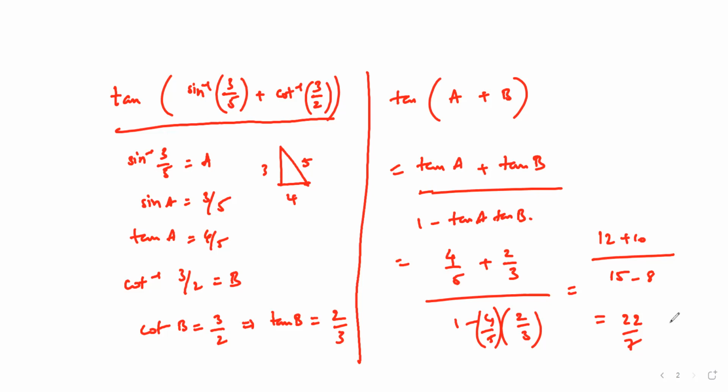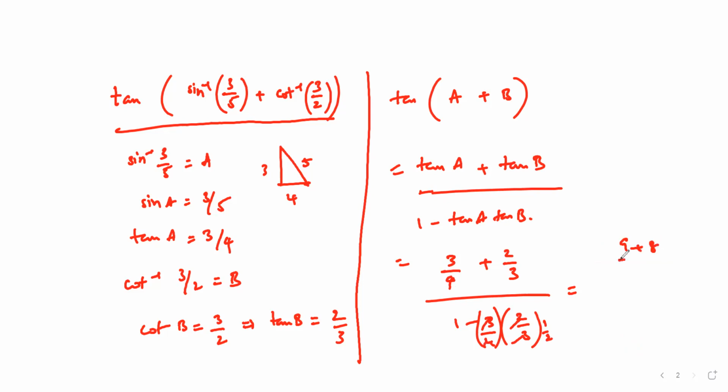Yes, sir. I did wrong. Tan A is what? 3 by 4, no? Yes, sir. Change to 3 by 4. It's 3 by 4. 3 by 4 plus 2 by 3 over 1 minus 3 by 4 into 2 by 3. Cancel, 1 by 2.